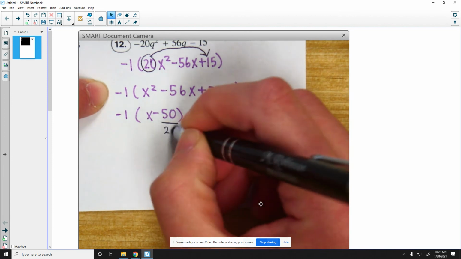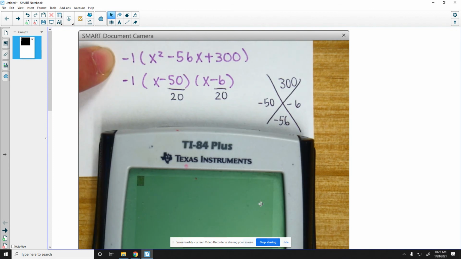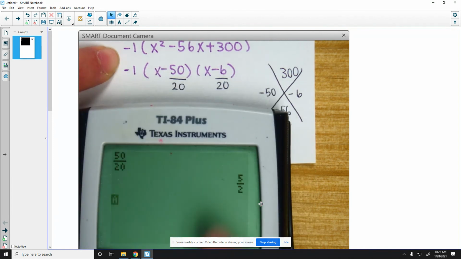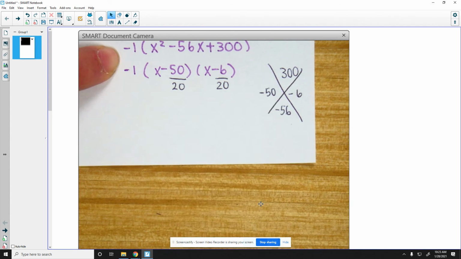No. Divide by 20, divide by 20. Okay, and remember, don't write 20x minus 50 because they can be simplified. I get 5 halves and I get 3/10. You have to simplify those fractions first.